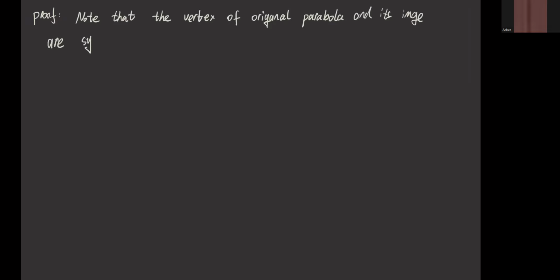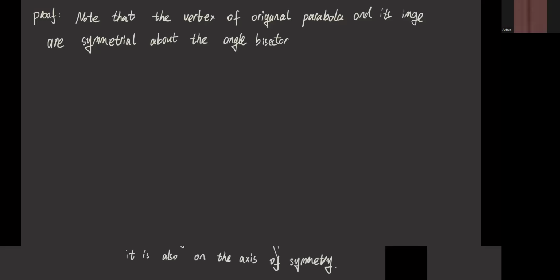Note that the vertex of the original parabola and its image are symmetric about the angle bisector. Here, the angle bisector.